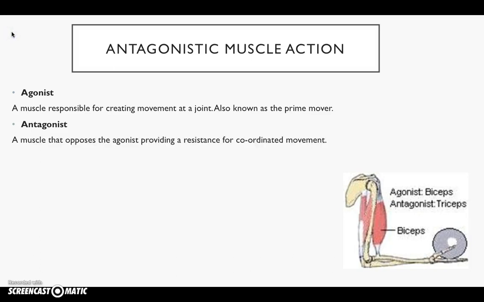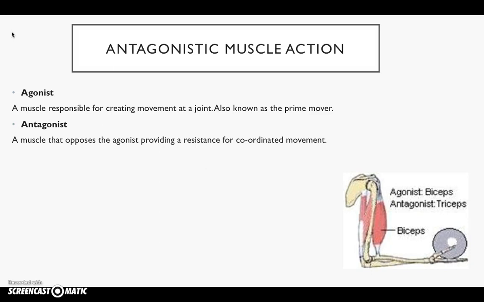So the antagonist is a muscle that opposes the agonist, providing a resistance for coordinated movement. Now, when we say opposes, think opposite. So usually, 9 times out of 10, for what we need to know, the antagonist will always be opposite to the agonist. So for example, if the biceps is the agonist, the antagonist will be the triceps.